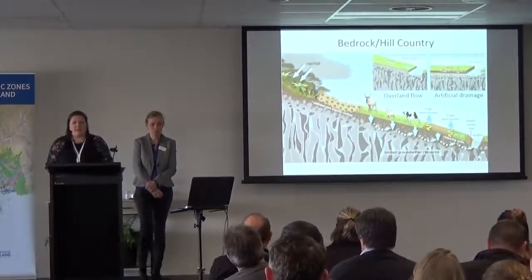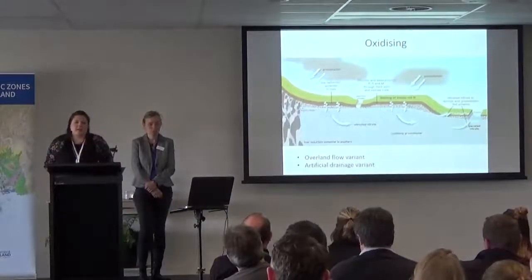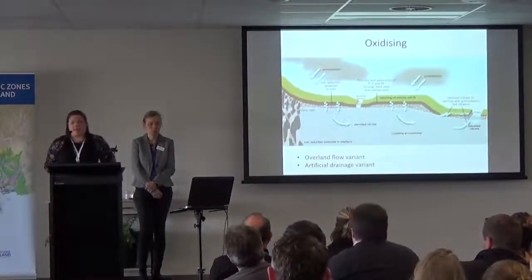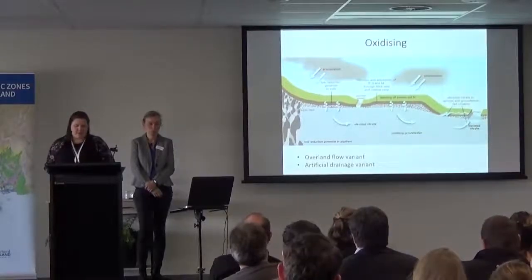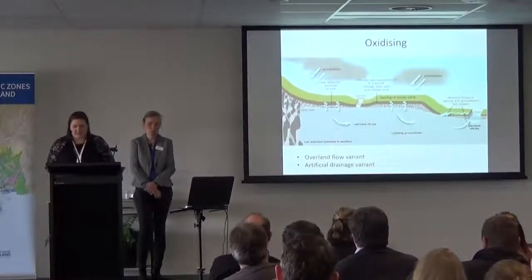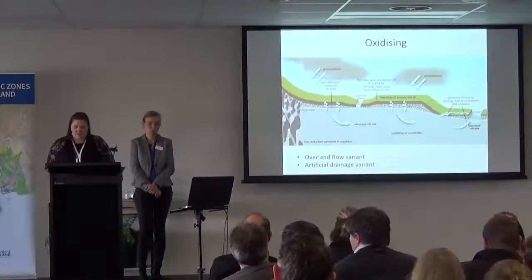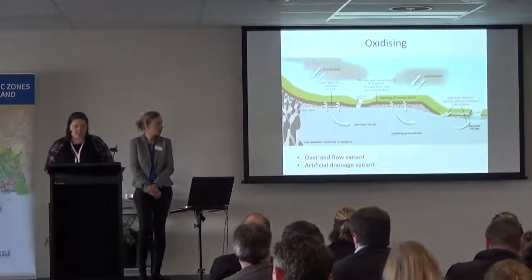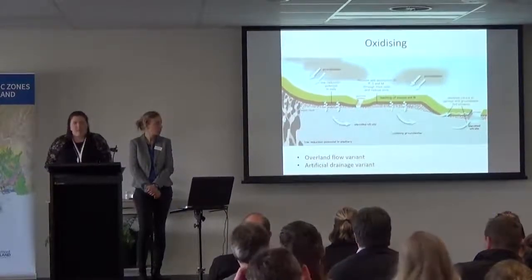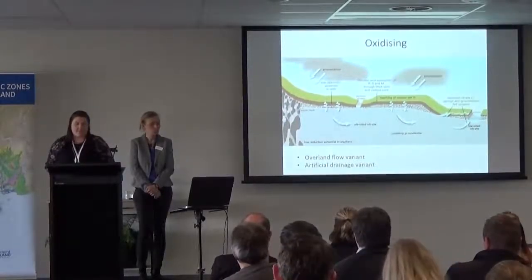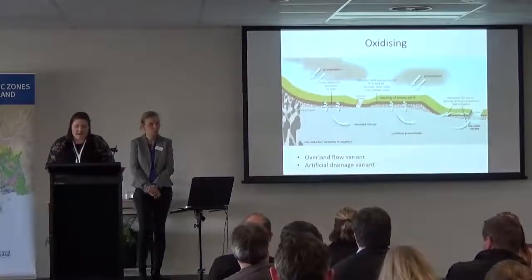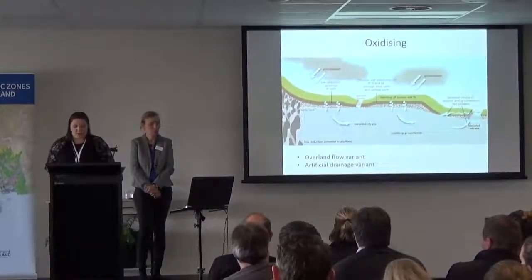From the bedrock hill country, we get down onto the flatter parts of Southland. The oxidising zone is where you find intermediate aged alluvial terraces. They're predominantly well-drained areas, fine to coarse textured soils. The recharge here comes all from local precipitation, and the water infiltrates through the soil matrix.